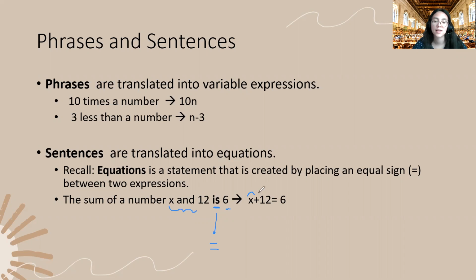Notice here, x plus 2 is equal to 6. This is our "is", this is our left, this is our right, and the equal sign is what is separating both of them, okay? And recall the sum tells us that we're adding them, so that's why we have an addition sign there, okay. So let's go ahead and clear this.